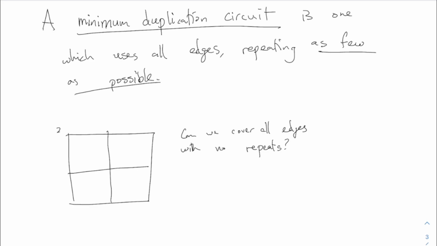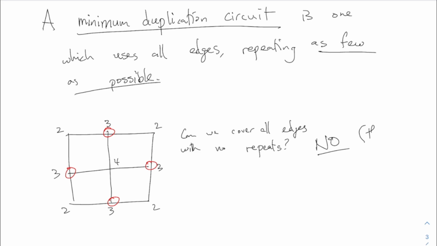Well, to answer that, you look at the degrees. They are all 2s and 3s here, except with a 4 in the middle. And as usual, I am really sort of fixated on the odds because those are the ones which are obstacles. Can we cover all the edges with no repeats? The answer is no, because there are odds here.